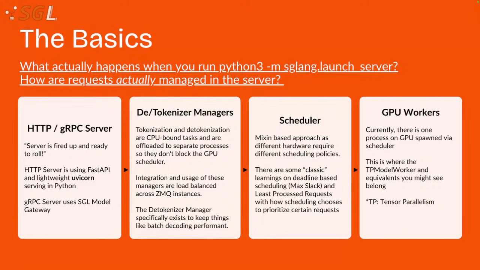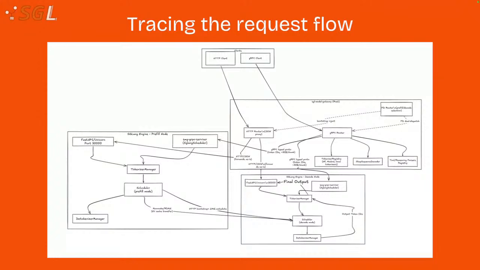Looking at this in depth, and this might be a little hard to see, so we can go over it later. But the key idea is that we have this client, and from this client, we have either your HTTP server or your gRPC server, and they effectively do the same form of routing.